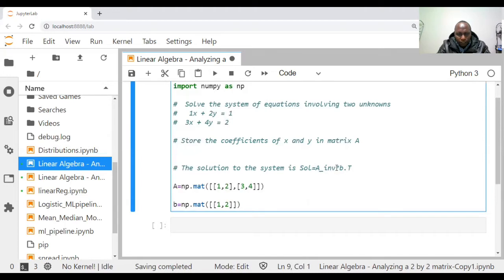And we can demonstrate it by saying A times, let's say, x, where x is our matrix for the variables, is equal to b.